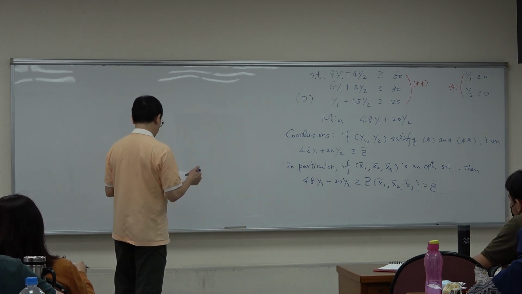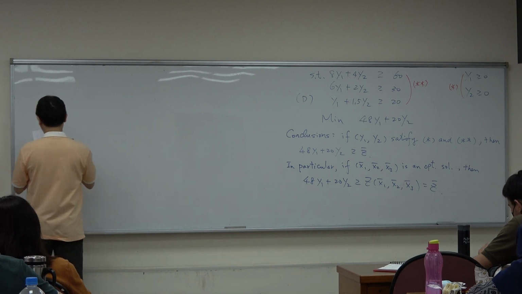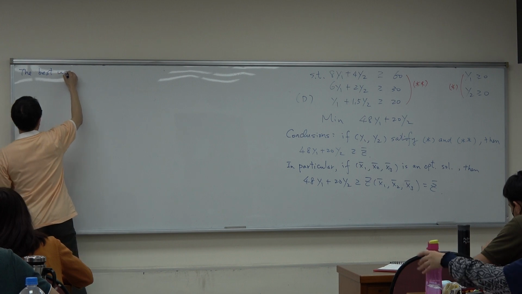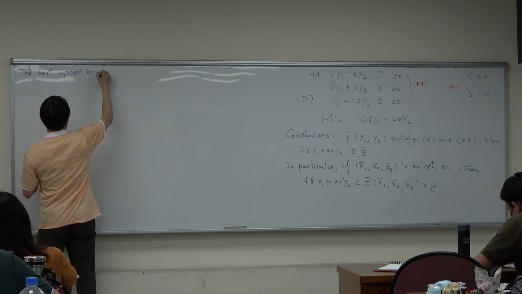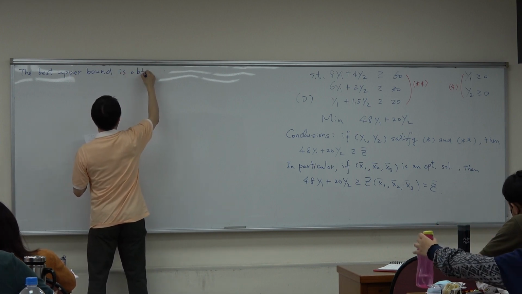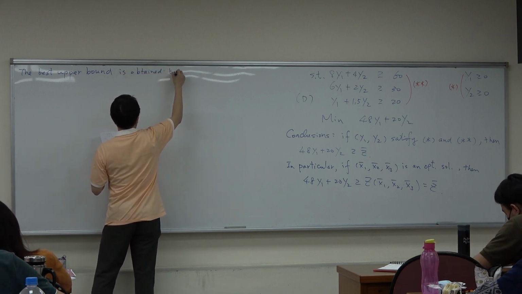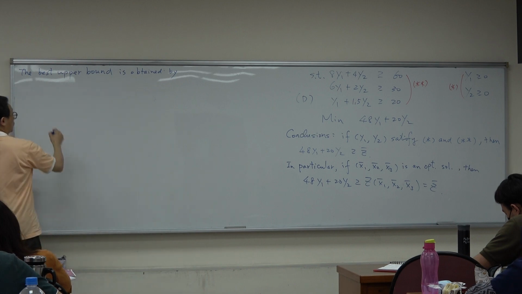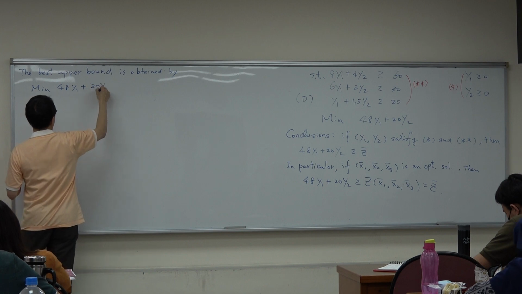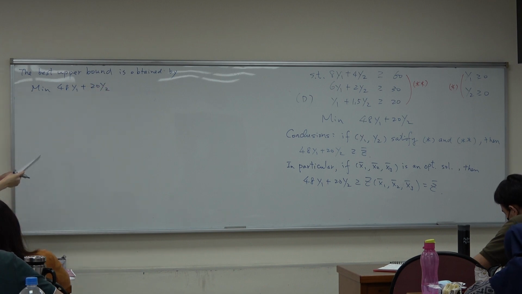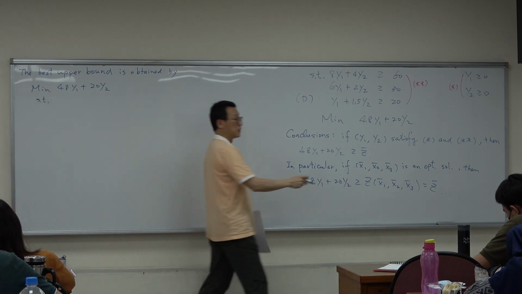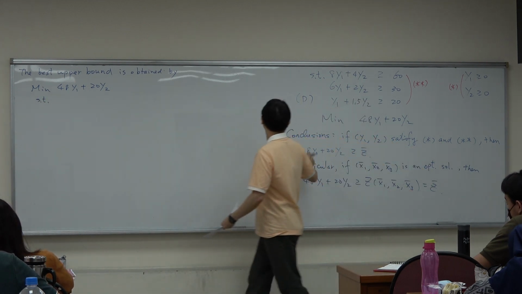So that's why we try to find the minimum upper bound, 48 y1 plus 20 y2. Okay, then we have a constraint. The constraint is based on this.